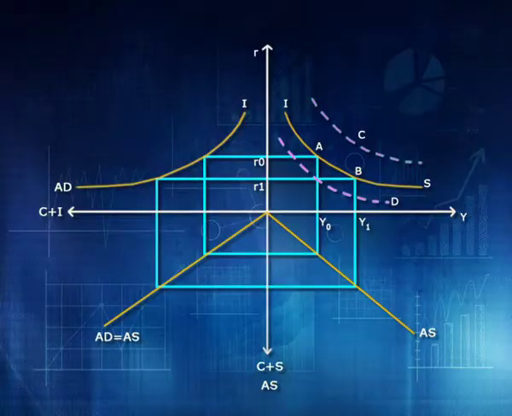The IS curve can be shifted either to the right or to the left. An increase in autonomous expenditure shifts the AD curve upward. It brings about an increase in national income and causes the IS curve to shift to the right. Similarly, a decrease in autonomous expenditure shifts the IS curve to the left.